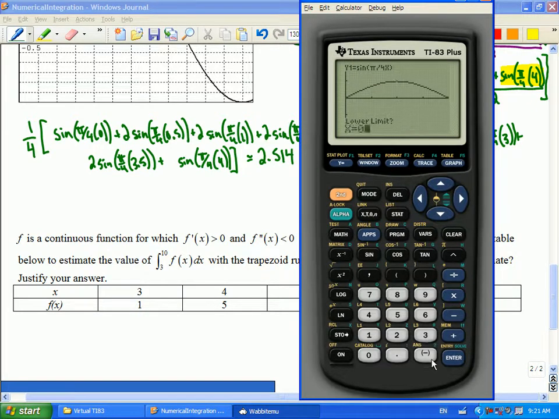Okay, so from 0 to 4. So not bad, 2.546. We have accuracy to the tenths decimal place. So we're not that far off.